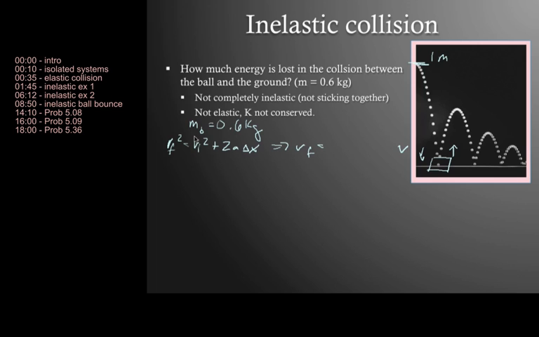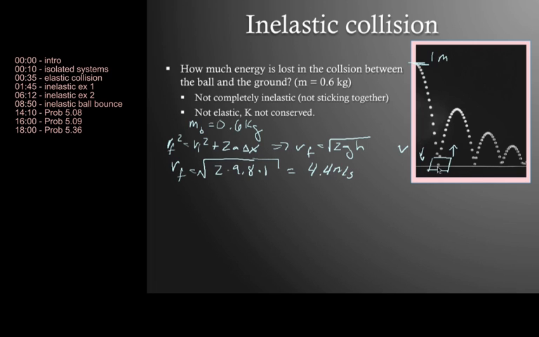Since we're dropping it, V initial is 0, so we just end up with the square root of 2gh. So here our V final is going to be the square root of 2 times 9.8 times 1 meter, and this is going to give us 4.4 meters per second.